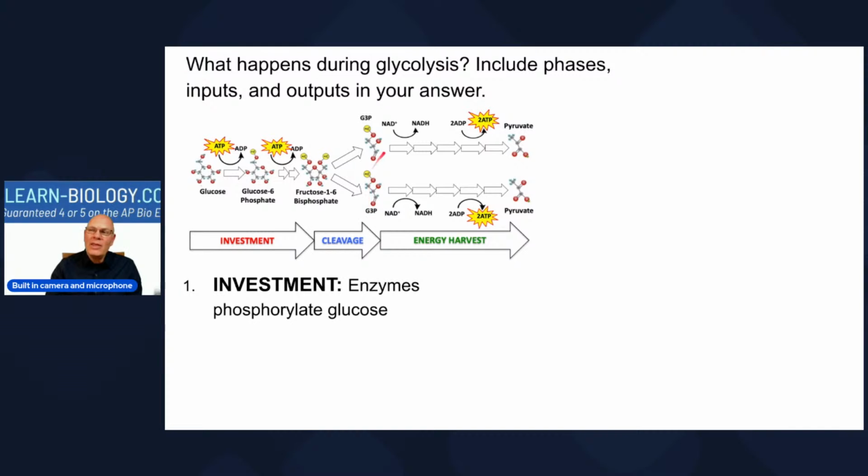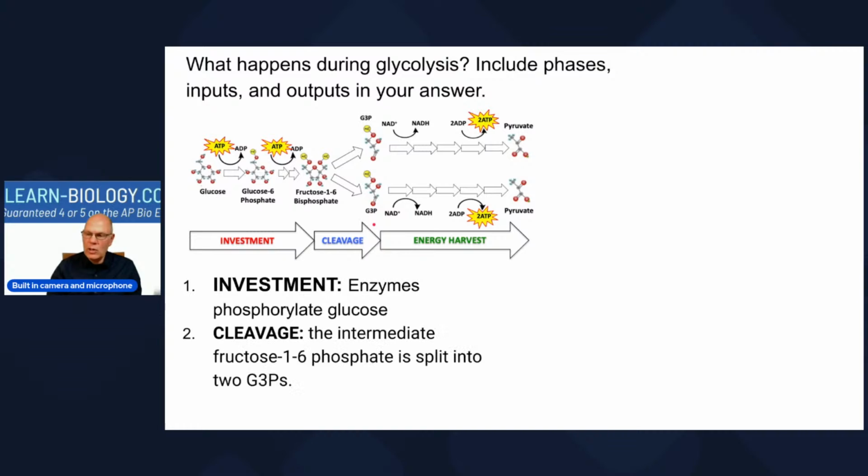Truth be told, there's another molecule that shows up for a moment, but there's an enzyme that immediately converts it into a second G3P. So here we have this molecule, G3P, also known as glyceraldehyde 3-phosphate. It also shows up in photosynthesis. It's one of these important molecules that shows up again and again in biochemistry.